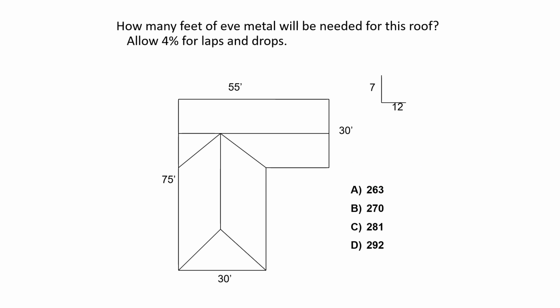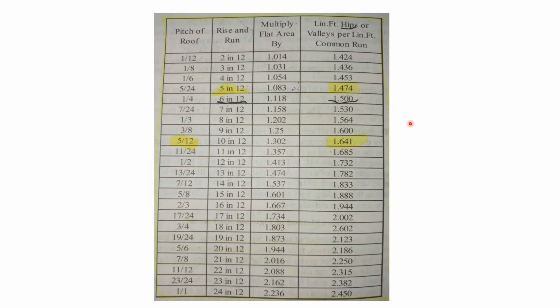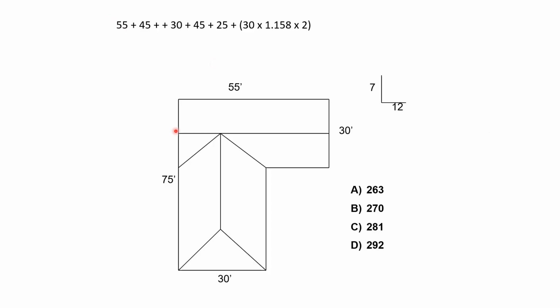Okay, so we'll move right along. And then, so it's a 7 and 12, once again, 1.158. We're not doing a hip or a valley. This is not a hip or a valley. This is an eave. All right, and we're going to use the same flat area factor adjustment. Okay, so we get 55 and 45 here, and we get 30 here, and we get 25 here.